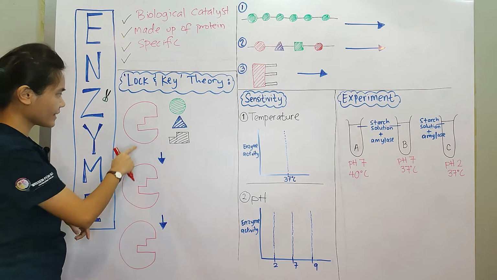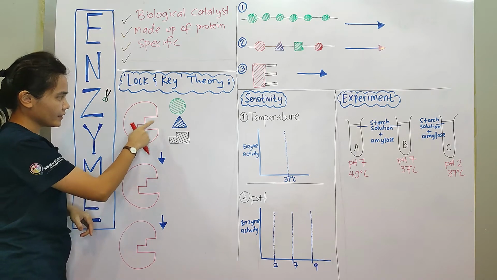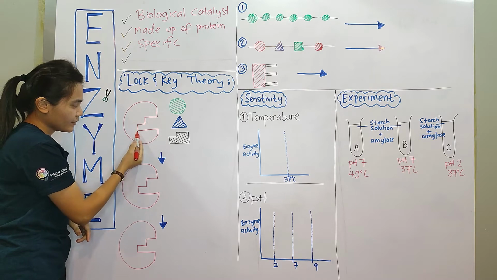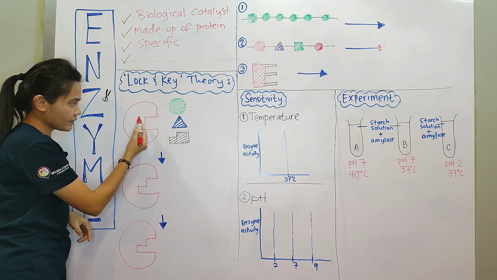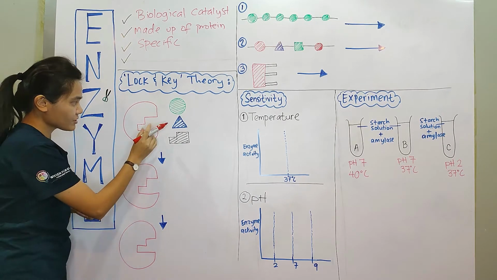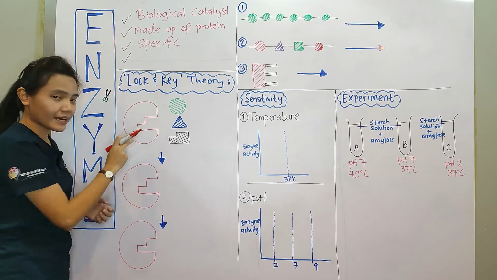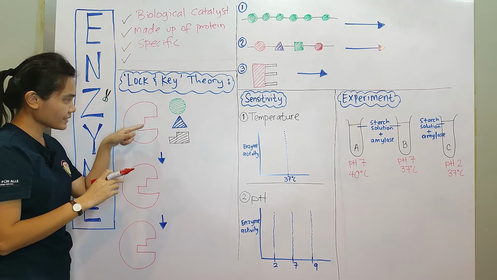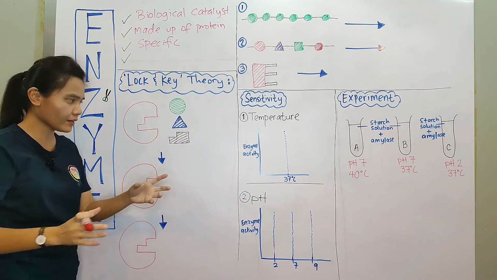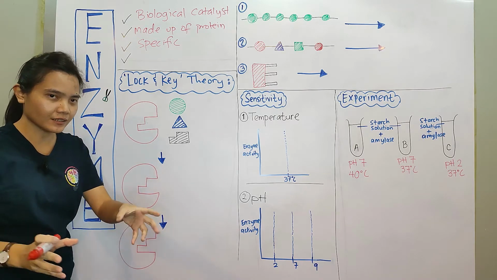It means that enzyme, for example here, this is enzyme. Enzyme has an active site. Active site is the site which is active. So it means substrate will bind to this active site. From this active site, the substrate will break into two pieces or however many pieces, and those are the products.